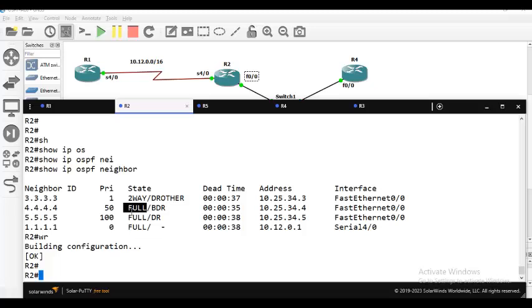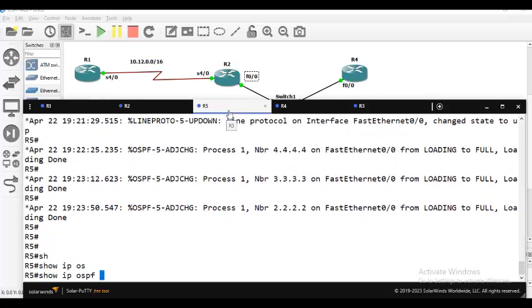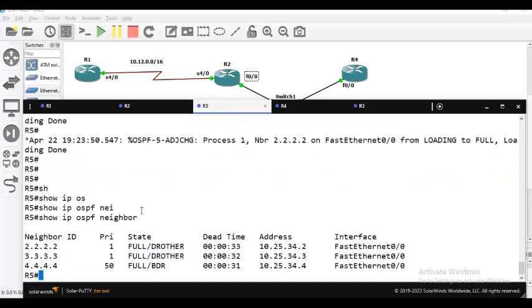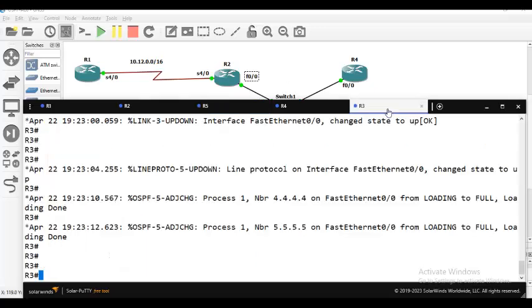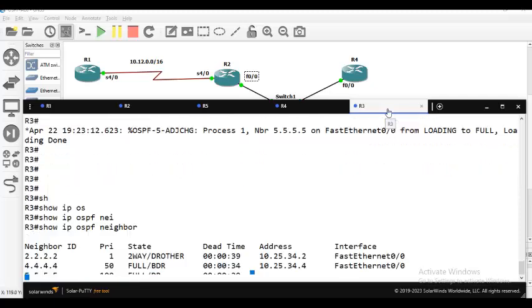You can see that router 5 has got full adjacency with everyone. Let's go to router 3 and see. Router 3 says I got only two-way state with router 2. That's right. Between 2 and 3, there is only two-way state. That's it. They don't share anything.